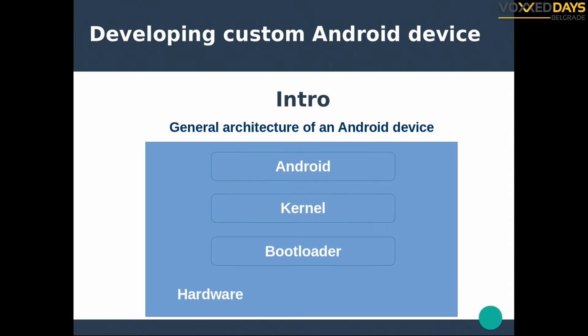Of course, on a PC and everything else, you have a bootloader too. From the bootloader, it needs to boot your OS. In the Android case, it will be the Android kernel. It's a Linux kernel, and probably a lot of you know that. And when the kernel boots, it will boot Android.